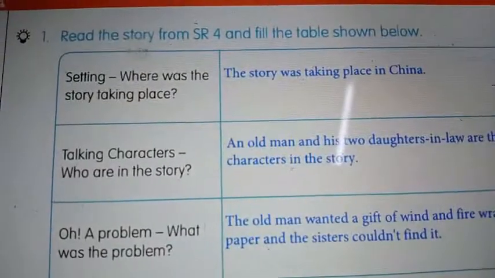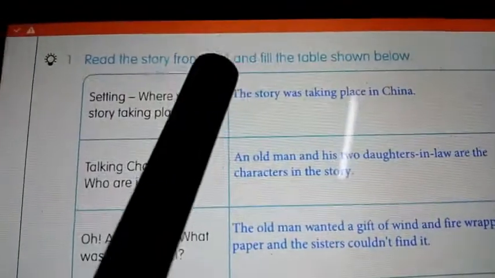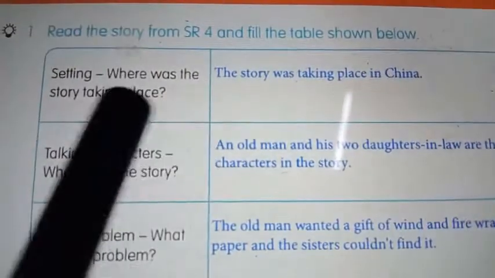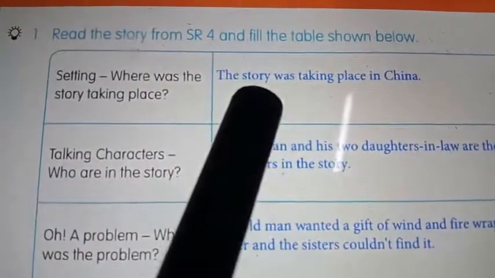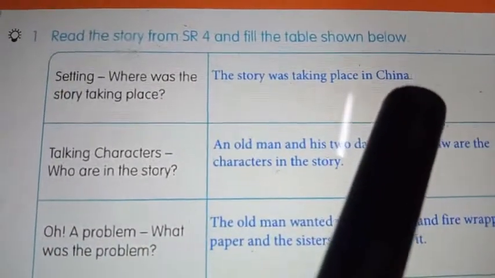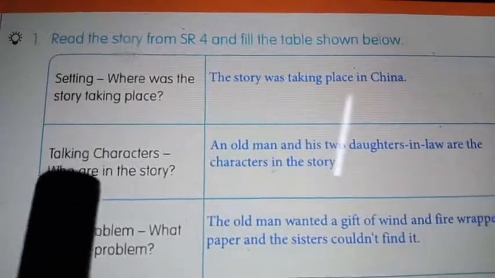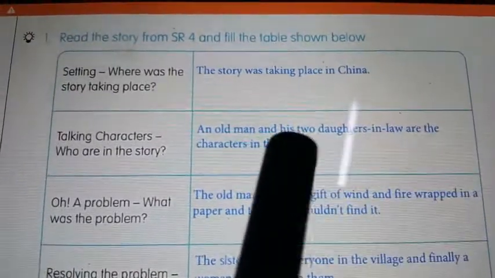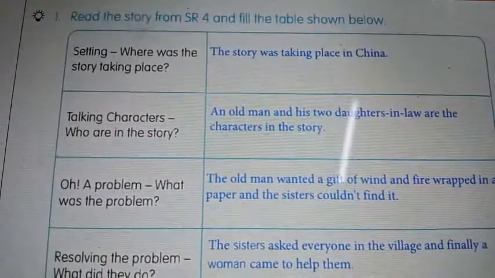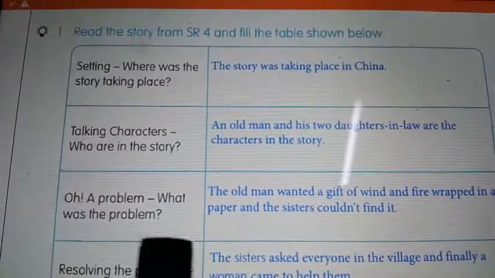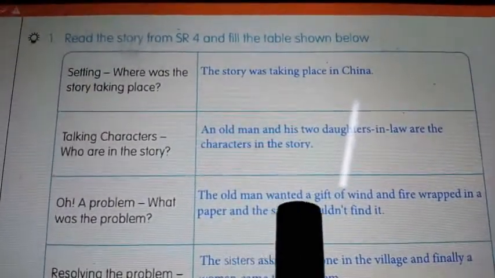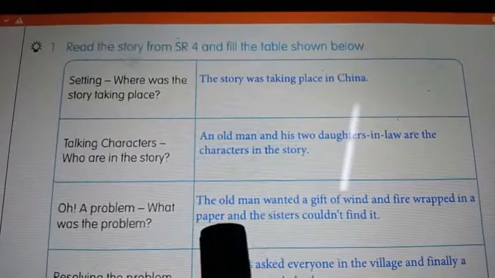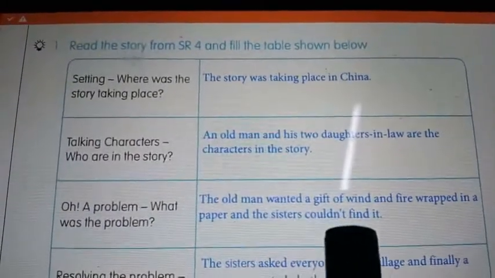Yes. See the answers, my dear children. Read the story and fill in the table shown below. Settings. Where was the story taking place? Yes, the story was taking place in China, right? Talking characters. Who are in the story? An old man and his 2 daughters-in-law are the characters in the story, right? A problem. What was the problem? The old man wanted a gift of wine and fire wrapped in a paper and the sisters couldn't find it.